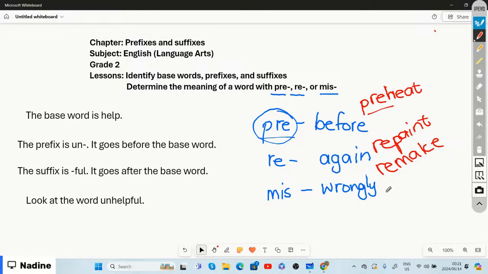Okay, we can say mistake is also one thing. Mistake, because it means that you wrongly did something. Yes. You made a mistake. So mistake is correct.